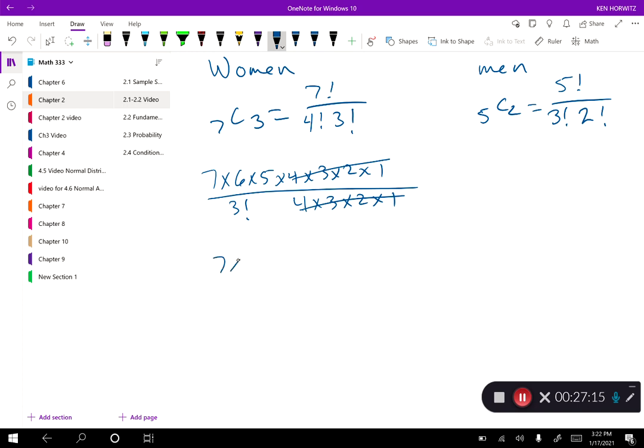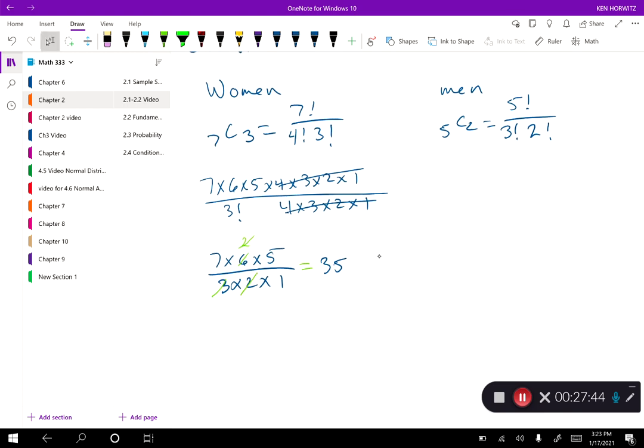So I'm left with 7 times 6 times 5 over 3 times 2 times 1. Now, I'm going to switch colors just for a second because we've got some things we can cancel here. 3 can go with the 6, and I'm left with a 2, and then the 2 and the 2 can go. So I'm actually left here with 35 different ways we can choose the women.